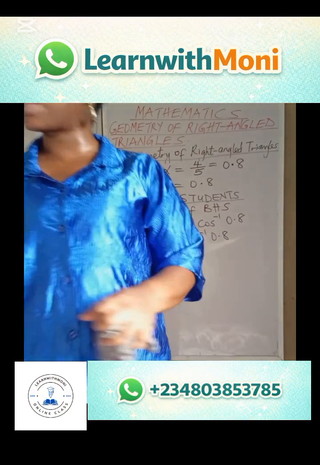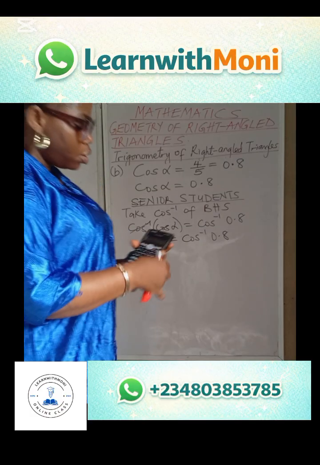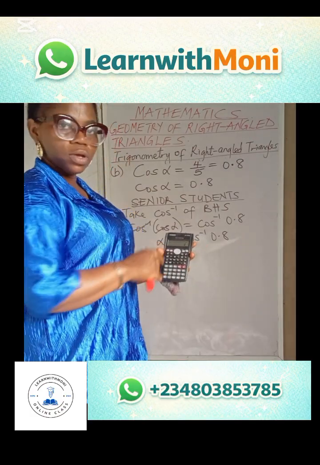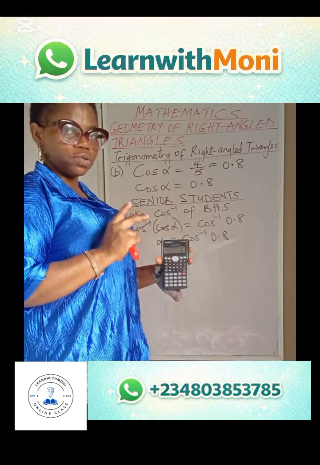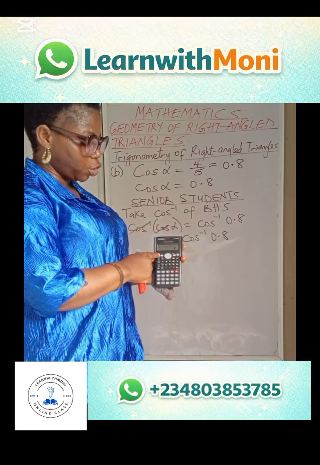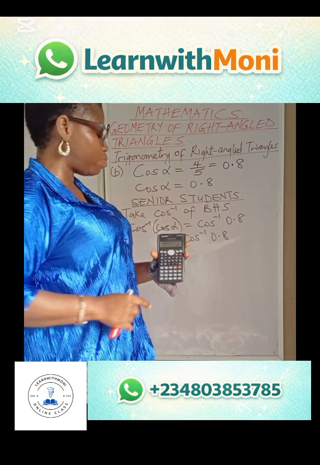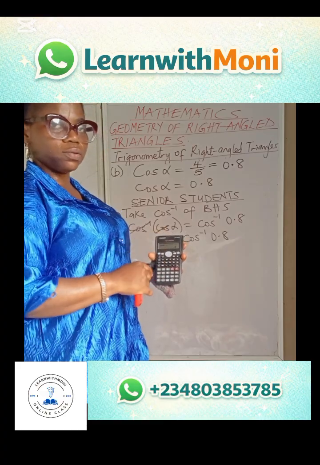On your scientific calculator, you punch shift. You can zoom in on this video to see what I'm pressing on my calculator. I press shift, then cos. Then the monitor will display arc cos.